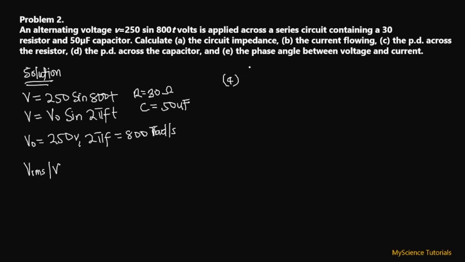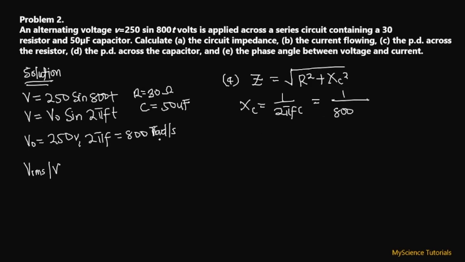We are to calculate the circuit impedance. So the impedance Z is equal to the root of R squared plus XC squared. As we saw in the previous example, XC is equal to 1 over 2 pi FC, which is equal to 1 over 2 pi F, where F is 800, multiplied by C, the capacitance of the capacitor, that is 50 times 10 raised to the power minus 6.